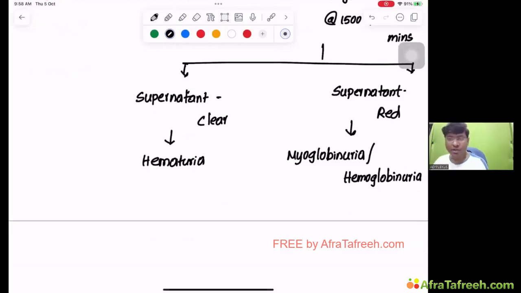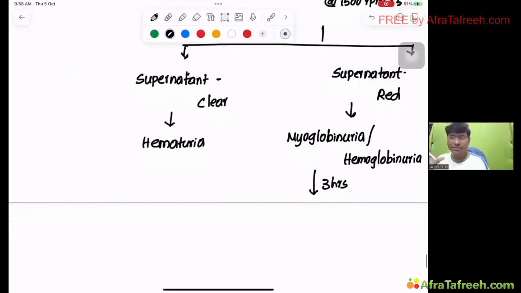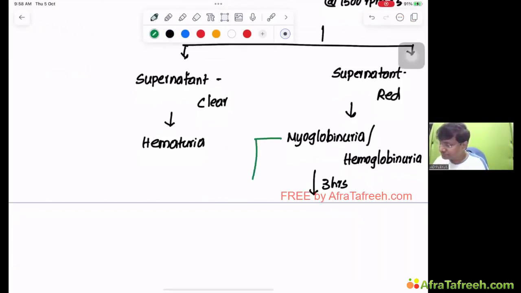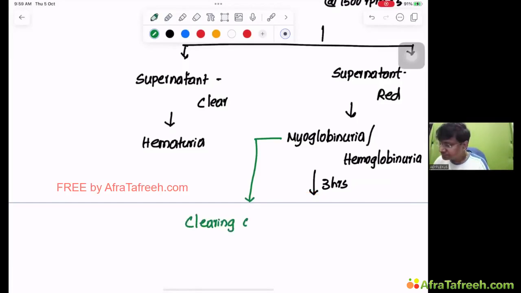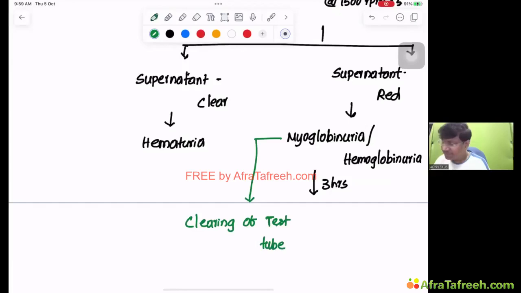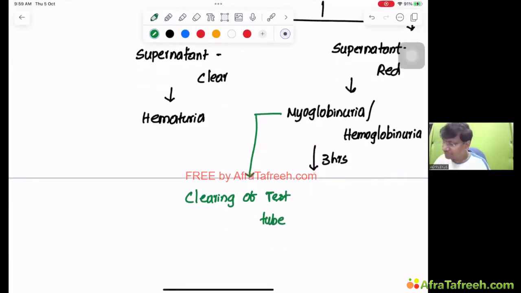Keep this urine sample for 3 hours, where the supernatant is still red. If there is clearing of the test tube after 3 hours, then we consider it as myoglobinuria.